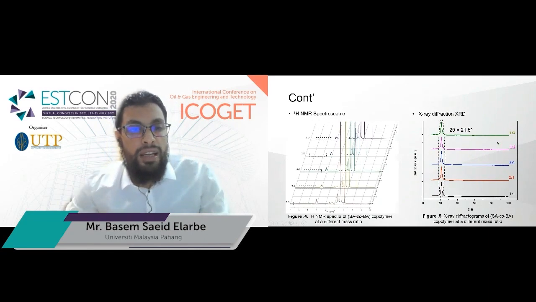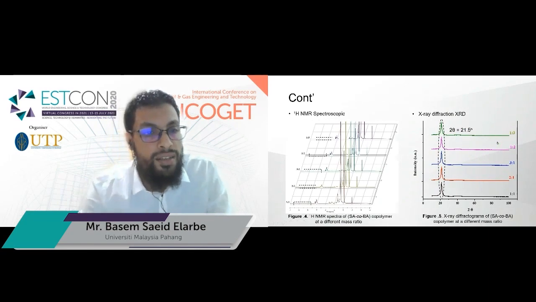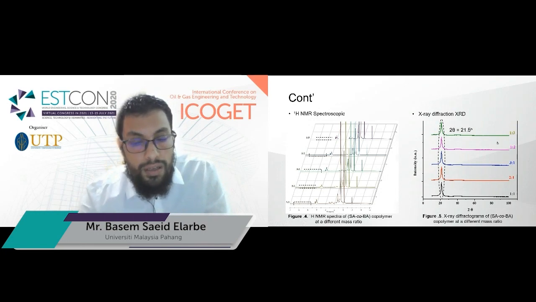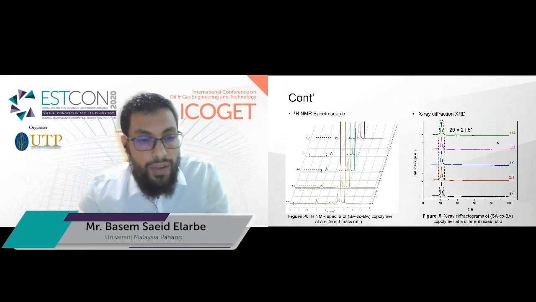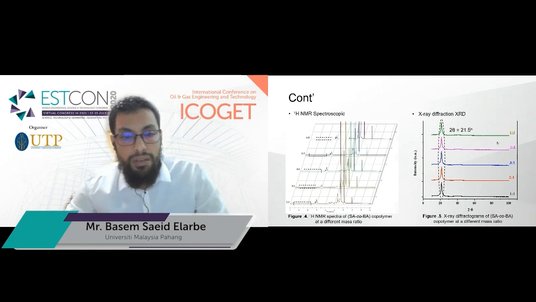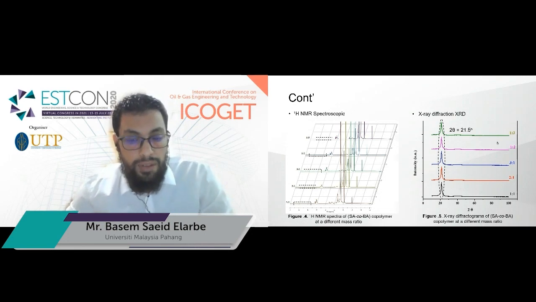This slide also shows us the NMR analysis. The double bond signals located between 5.5 and 6.5 have disappeared as expected. This indicated that the SA monomer and BA monomer have been polymerized, and the double bond transferred into a single bond.